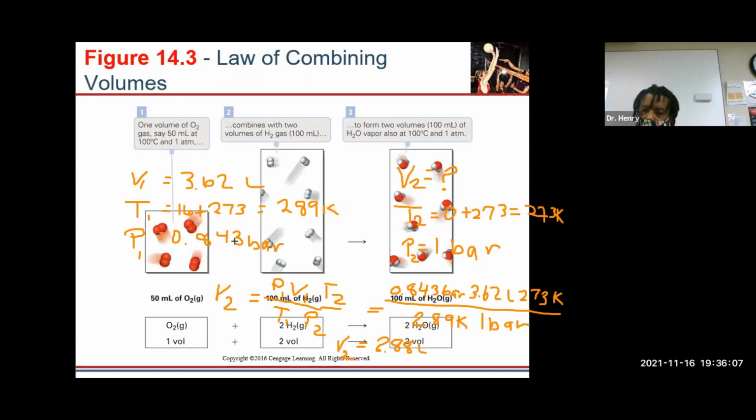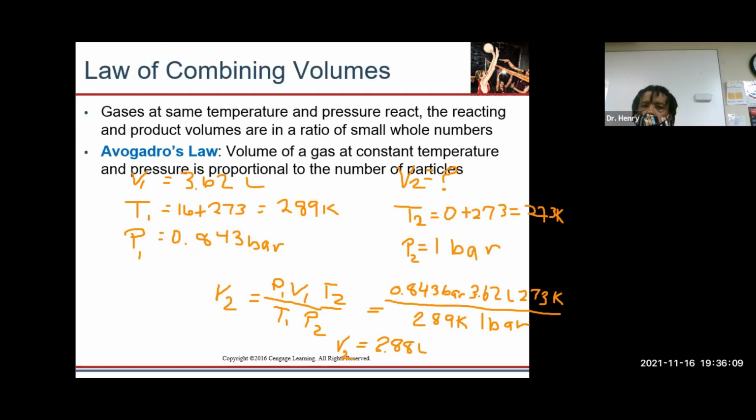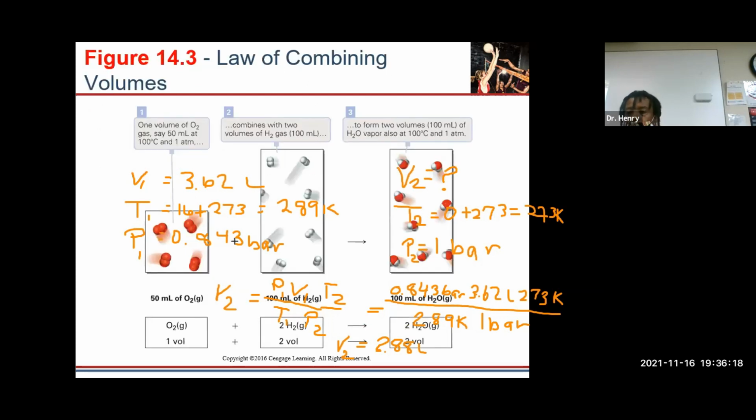Okay. So Avogadro's law basically compared volume to number of moles. And so he was basically able to say, if we had 50 mils of oxygen gas, which is 1 volume, and 100 mils of hydrogen gas, that's going to yield 100 mils of water, right?